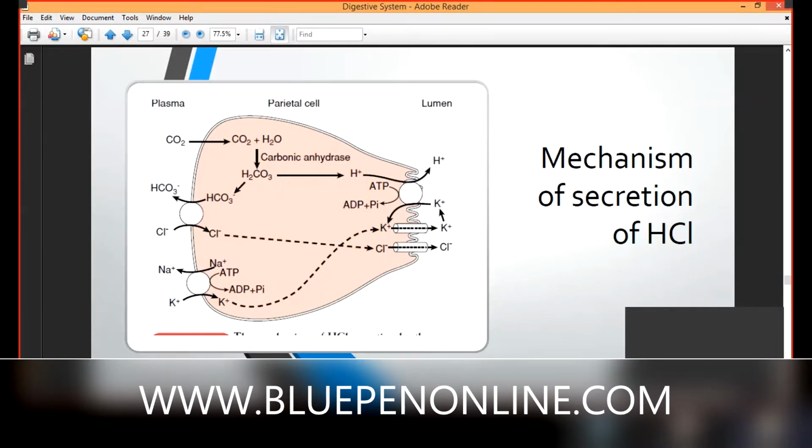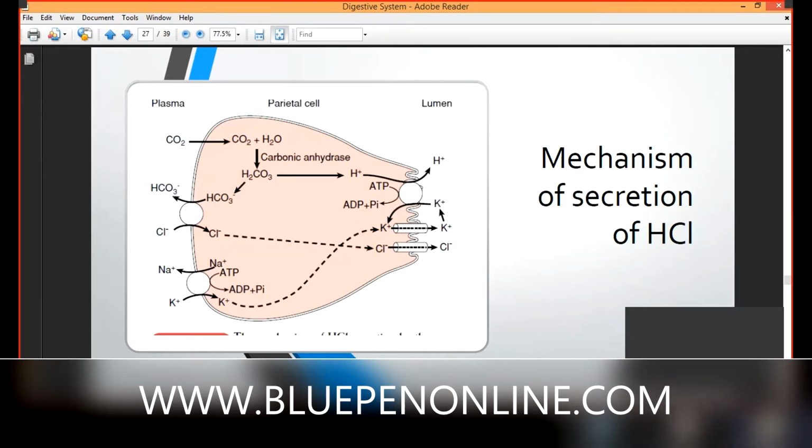This is to maintain the neutrality. Outside the cell, a negative potential develops. So the potassium ions, K plus ions, enter into the lumen from the cell to maintain the neutrality.